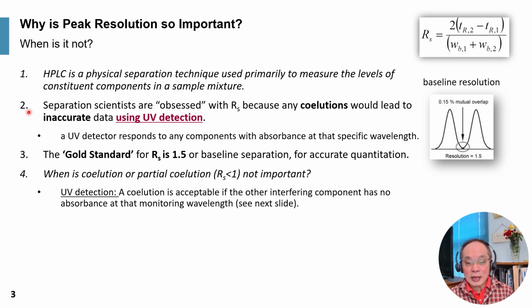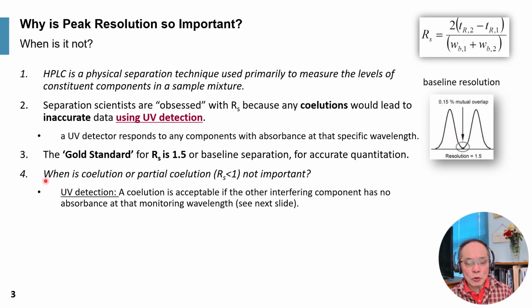Separation scientists pay a lot of attention to resolution because any coelution or partially eluted peaks would lead to inaccurate data using UV detection. And this is because the UV detector responds to any component with absorbance at that particular monitoring wavelength.